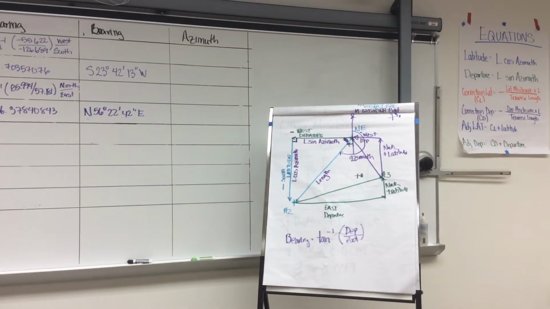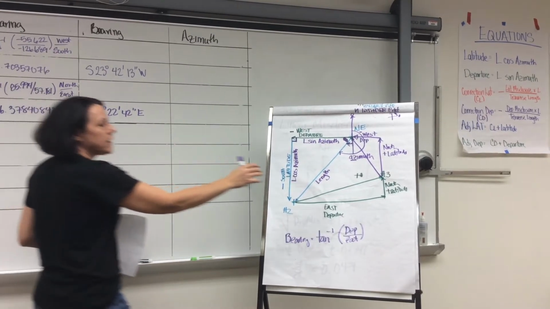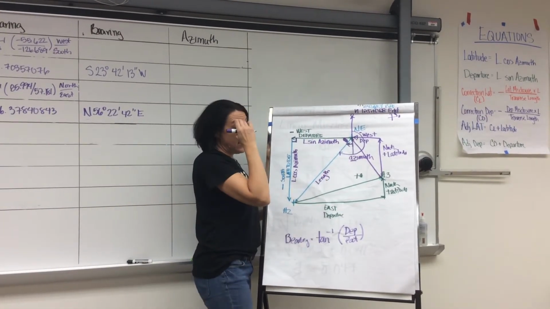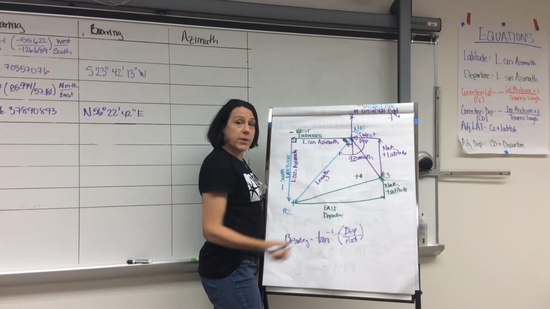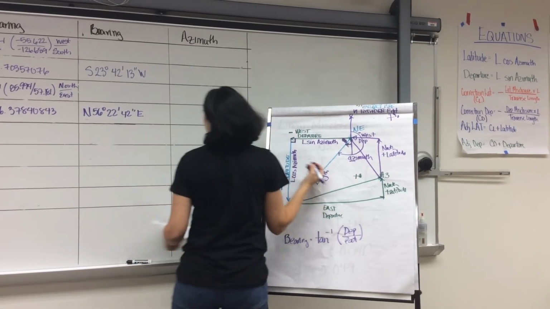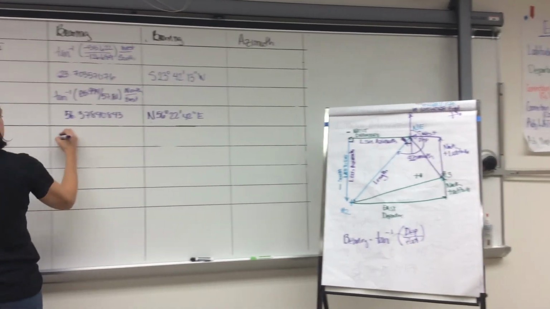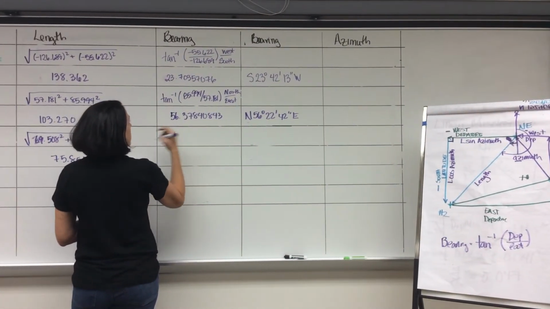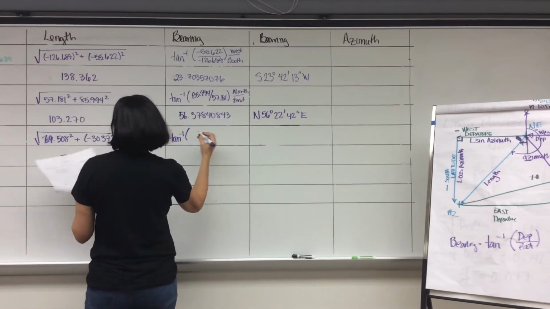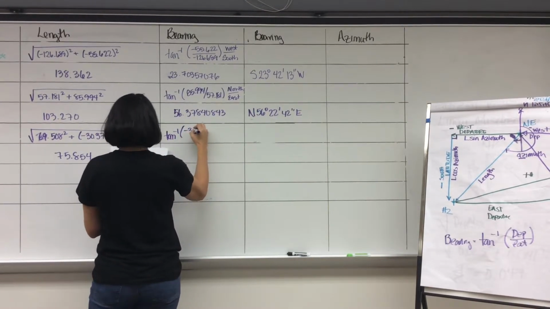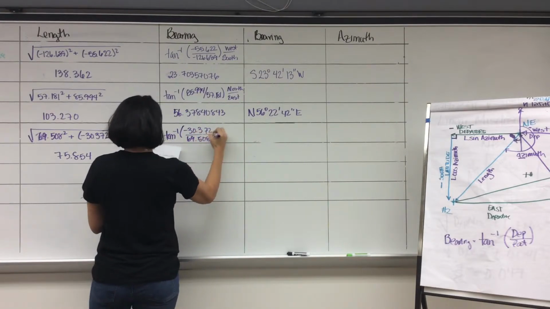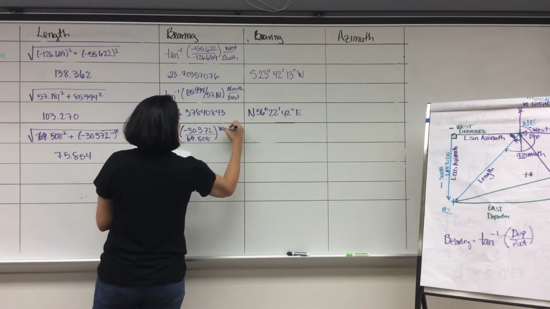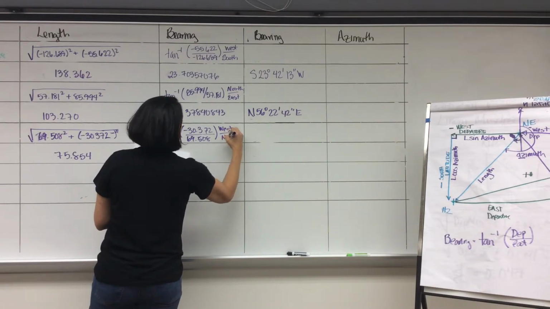The last one, I'm going from number 3 back to number 1. Which direction am I going? Northwest. So my bearing is tan inverse of negative 30.372 over 69.508, and that's west and north.